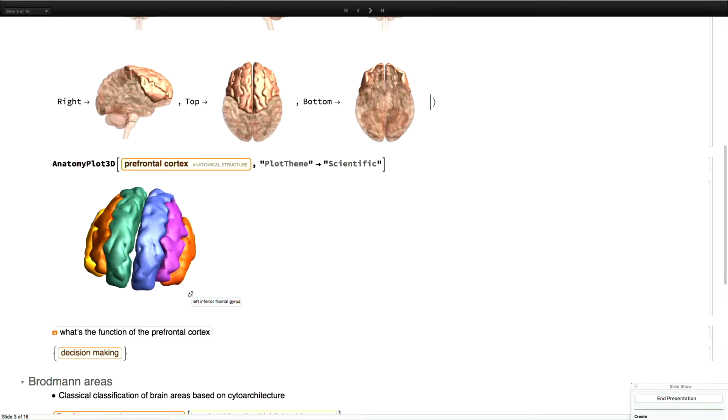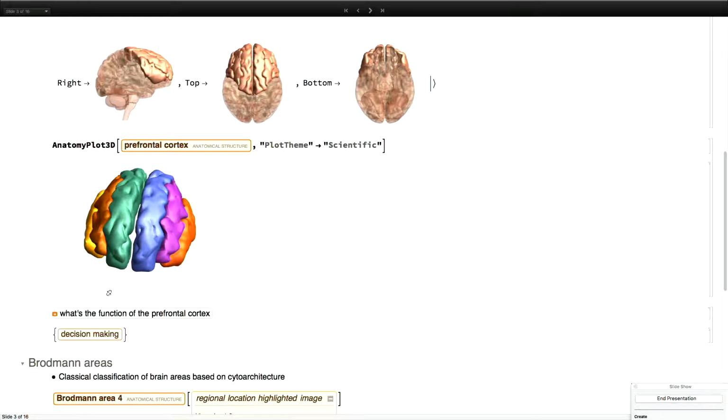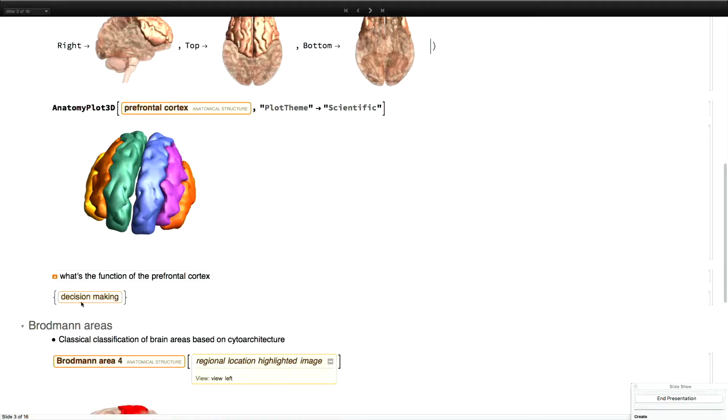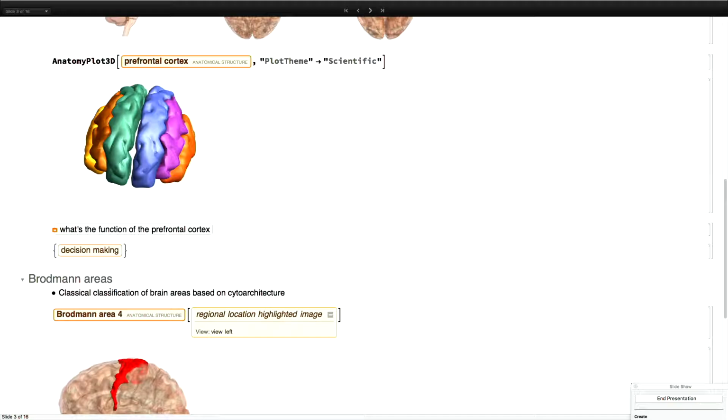And of course, we can also ask Wolfram Alpha to get more information. For example, what's the function of the prefrontal cortex, and get the normalized anatomical functional concept, decision making in this case.